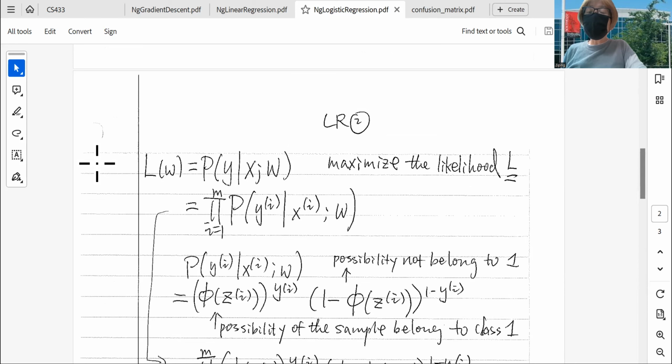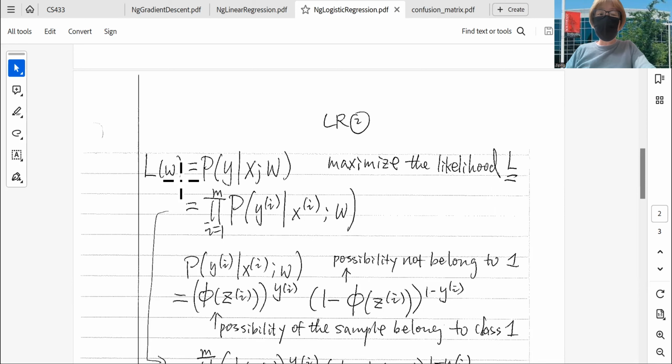Then, because logistic regression is based on probability, what will the cost function be? We cannot use the sum of squared errors as our cost function. So here we have another concept called likelihood. Because it is based on probability, you want to maximize the probability.